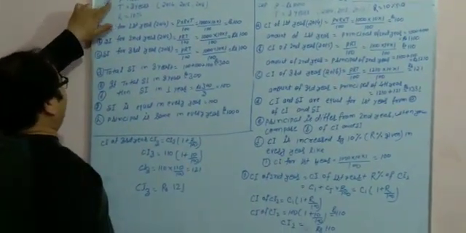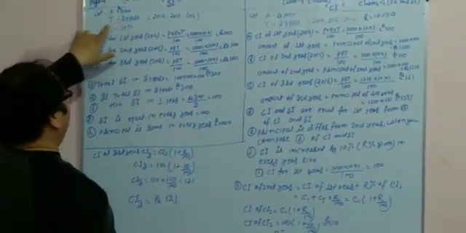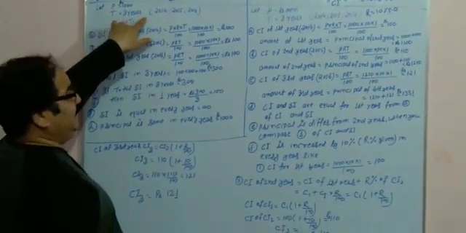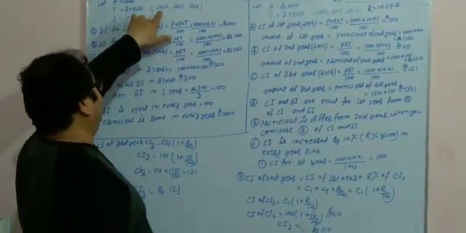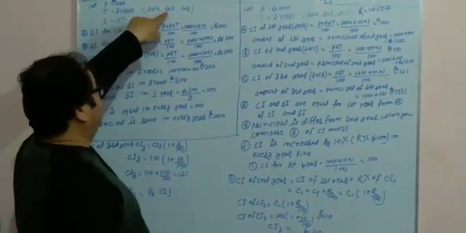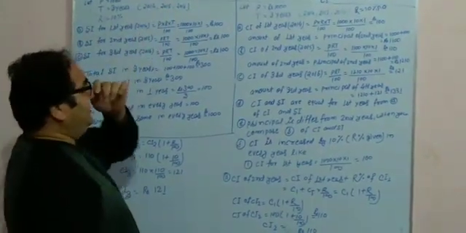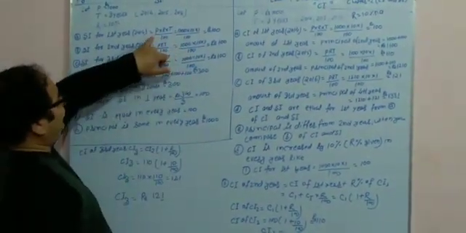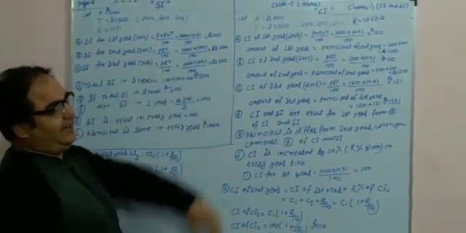So let us consider the principal is equal to 1000, time 3 years, rate 10%. Time 3 years you have taken, so it is for 2014, 2015 and 2016. The formula of simple interest is PRT by 100.